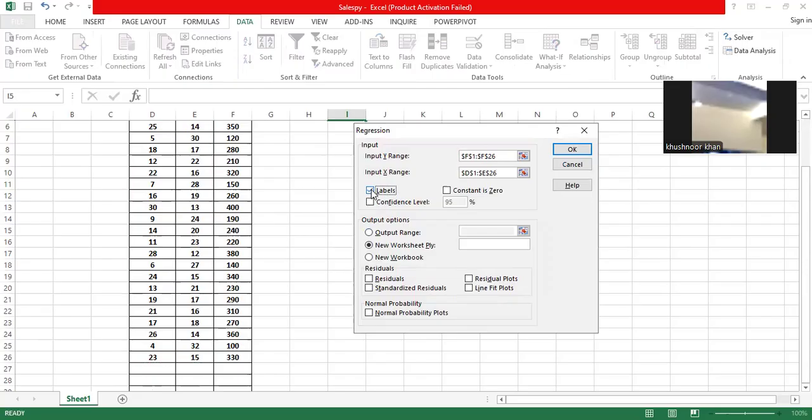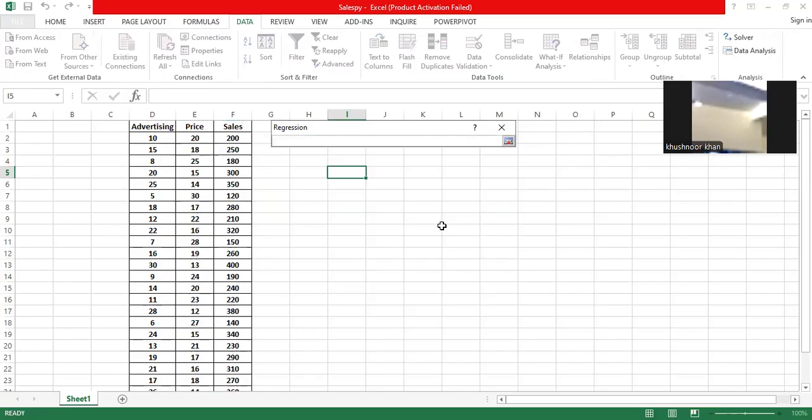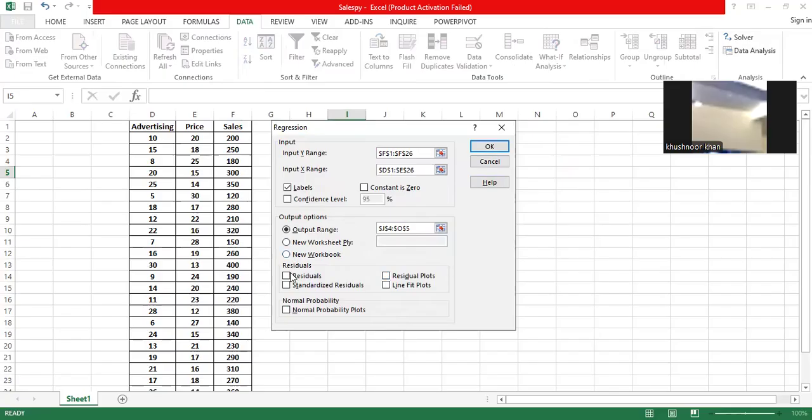And what we need is the output range. We have to click here and just highlight some of the cells. That's it, and you are through. You don't need to do anything else.